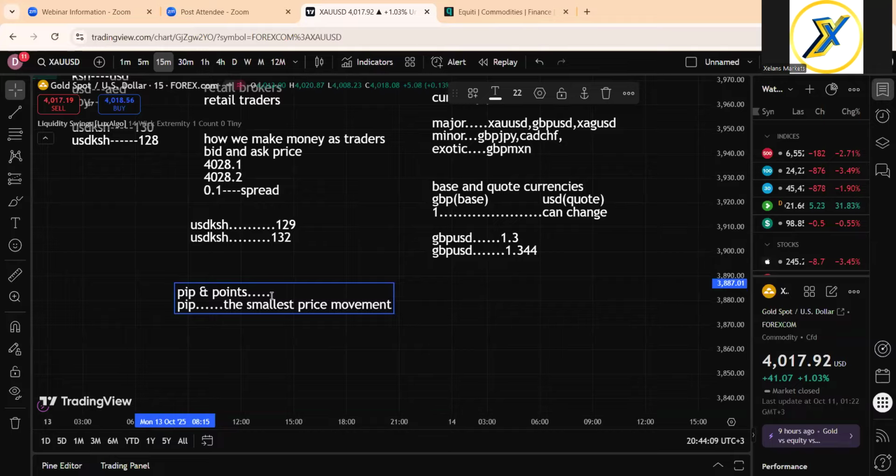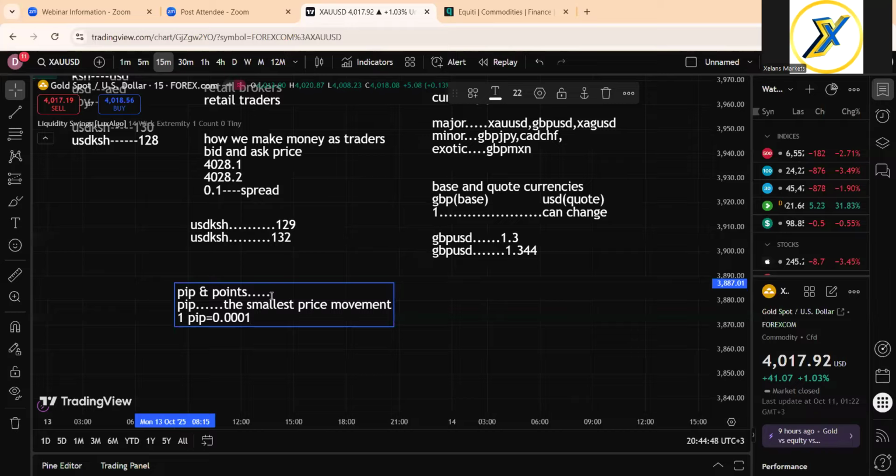So for example, before I get to the example, I'll say that apart from the JPY, one pip is equal to 0.0001. So if a currency pair makes a movement of 0.0001, it has moved by 1 pip.